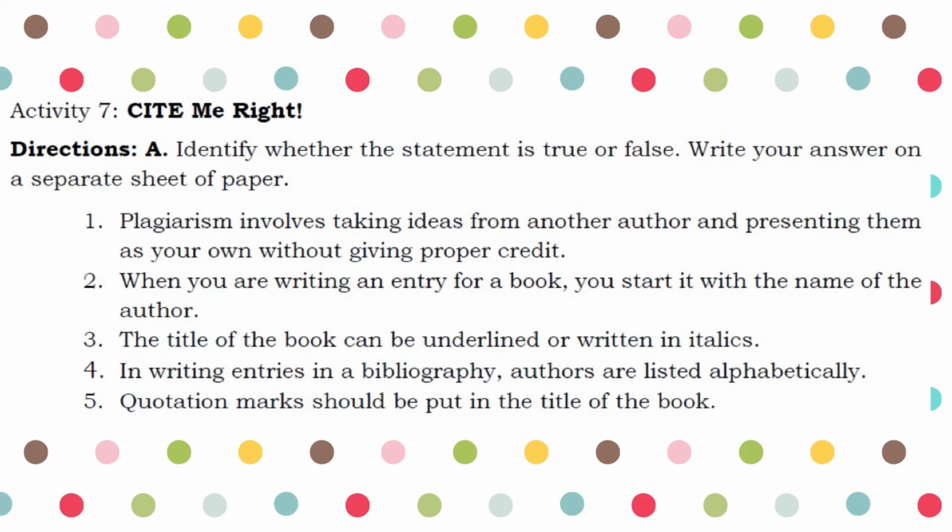When you are writing an entry for a book, you started with the name of the author. Number 3. The title of the book can be underlined or written in italics. Number 4. In writing entries in a bibliography, authors are listed alphabetically. Number 5. Quotation marks should be put in the title of the book.